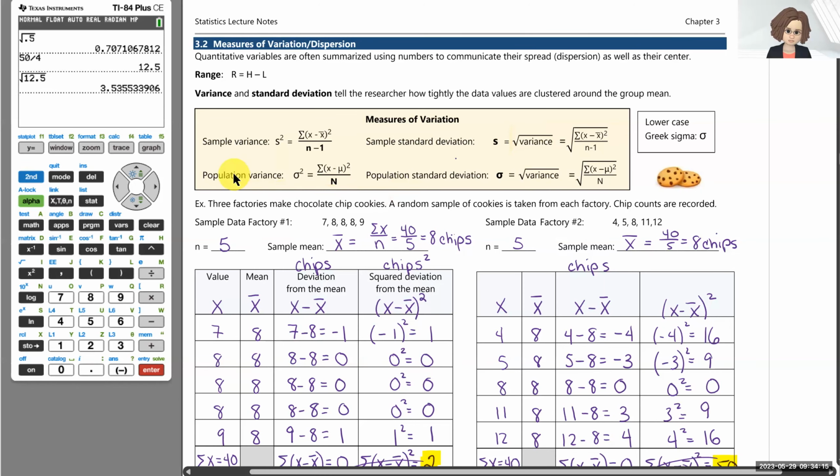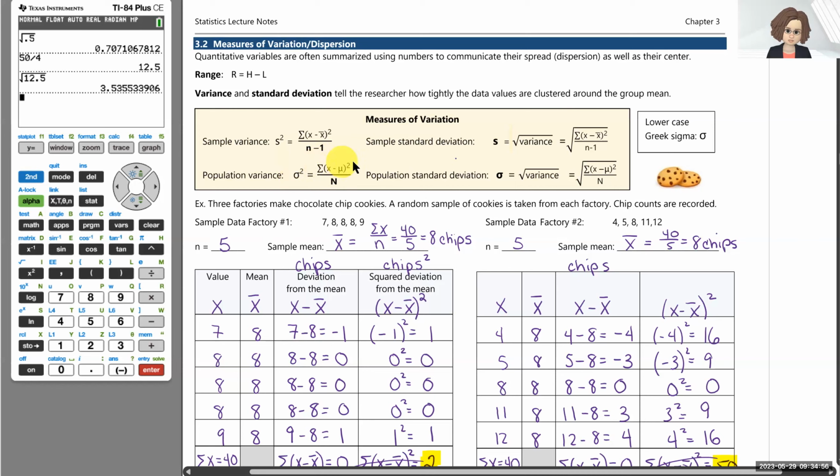Now, if instead of sample data, we actually had population data, we switch symbols and the formula changes a little bit. So first, let's talk about symbol, and that guy there is a lowercase Greek sigma. So that's what a sigma looks like, and I'll write it below as well in a moment. So that's sigma. So variance is sigma squared, like S squared, but for population, sigma squared. And in the calculation, if we were to create the table and go through the whole thing again, the calculation changes just a little bit.